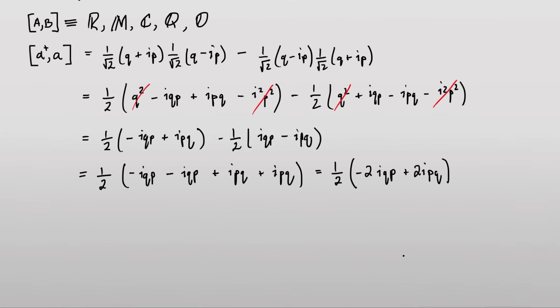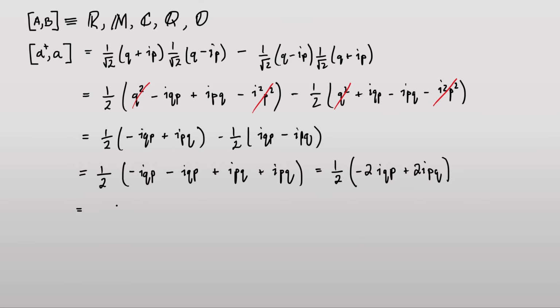And what we're seeing here is that these two guys will cancel like that, and we get ultimately IQP plus, that guy's going to cancel 2, IPQ, and then we see that this is I times the commutator of Q with P, and this is equal to 1, right, because this was I. And was that I or negative I?